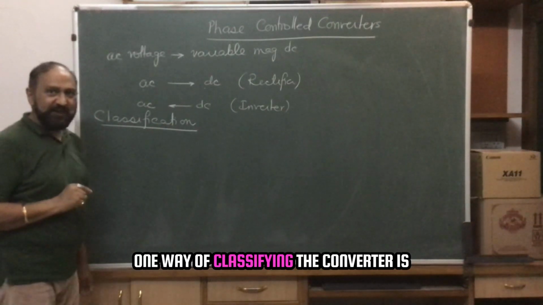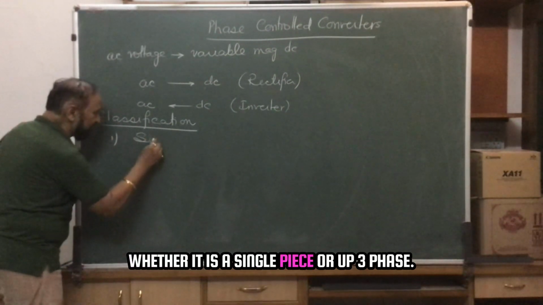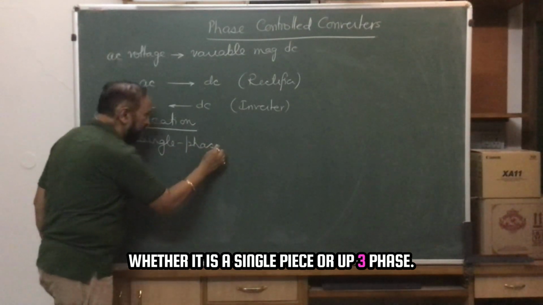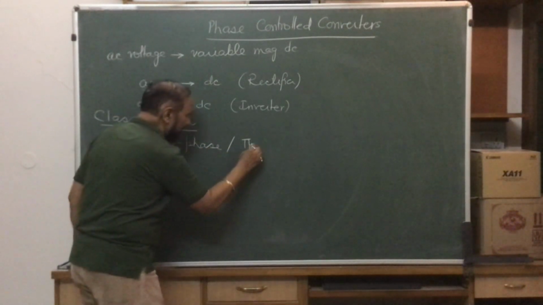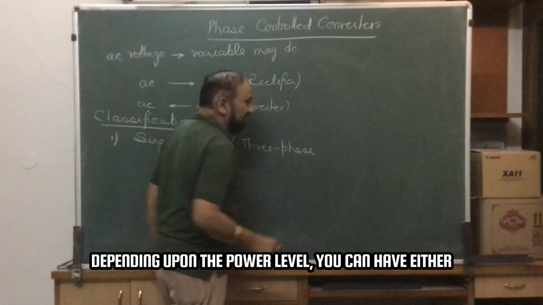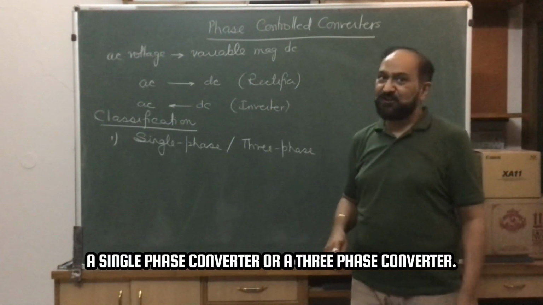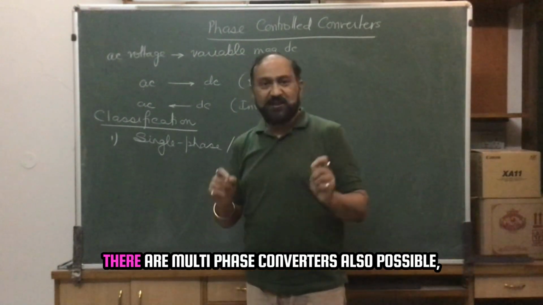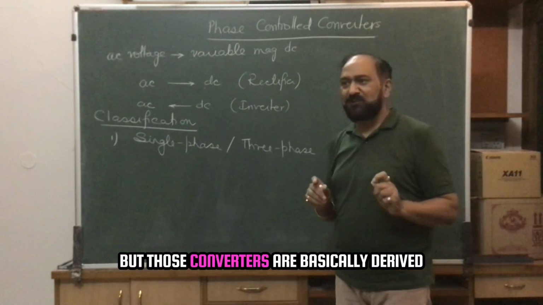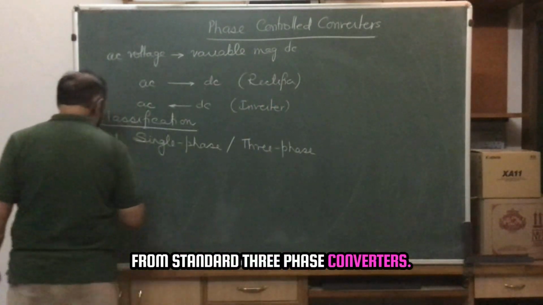One way of classifying the converter is whether it is a single phase or a three phase. Depending upon the power level, you can have either a single phase converter or a three phase converter. There are multi-phase converters also possible, but those converters are basically derived from the standard three phase converters.